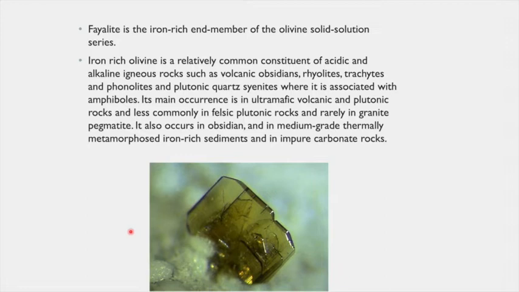Its main occurrence is in ultramafic volcanic and plutonic rocks, and less commonly in felsic plutonic rocks, and rarely it is present in granite pegmatite. It also occurs in obsidian and in medium-grade thermally metamorphosed iron-rich sediments and in impure carbonate rocks.